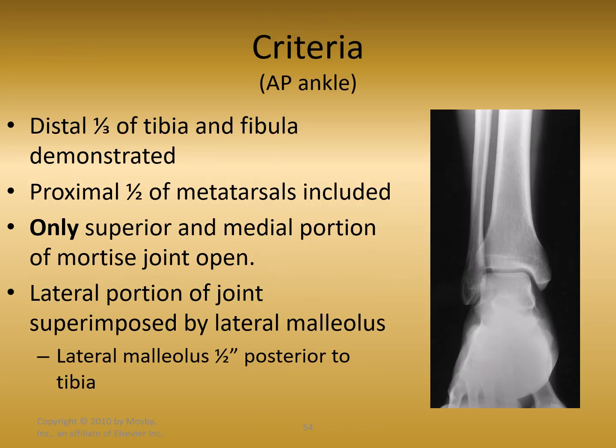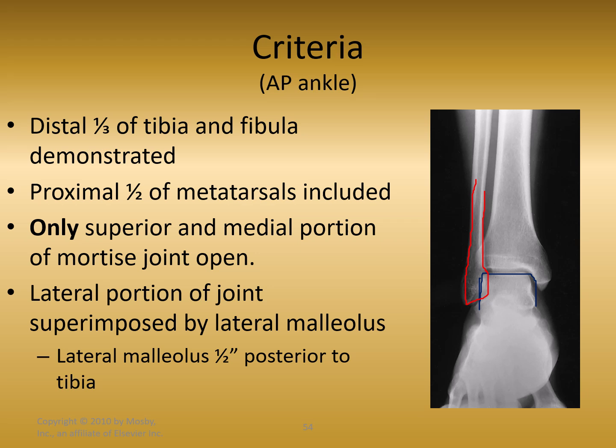All right, so now, ways to identify an AP ankle with no rotation. I'm going to go straight to the mortise joint. The mortise joint is the joint that surrounds the talus. As you can see, the lateral malleolus of the fibula is superimposing part of the talus, which means it's also superimposing part of the mortise joint.